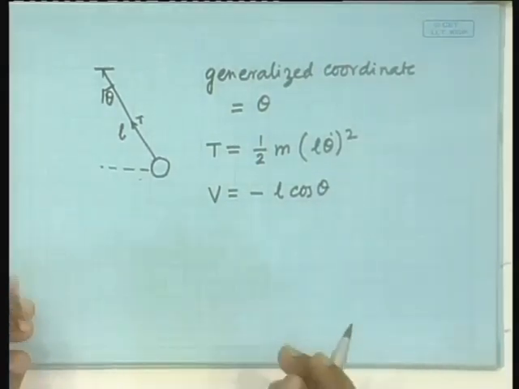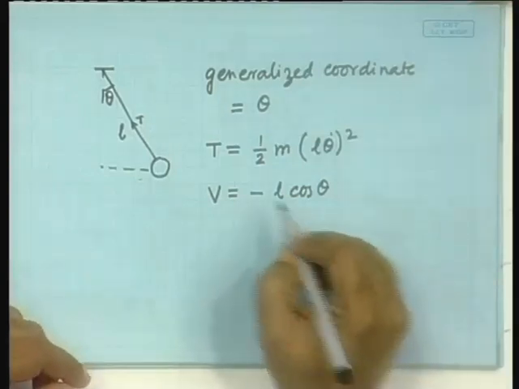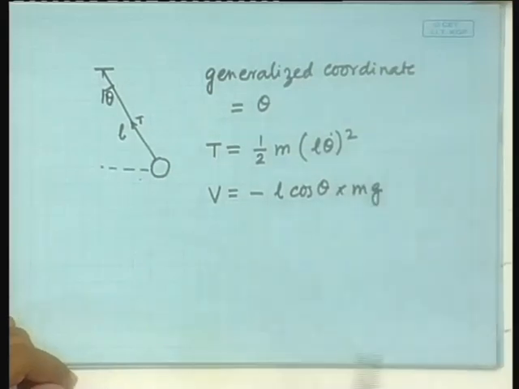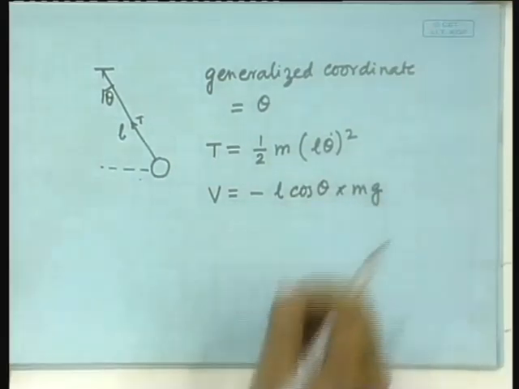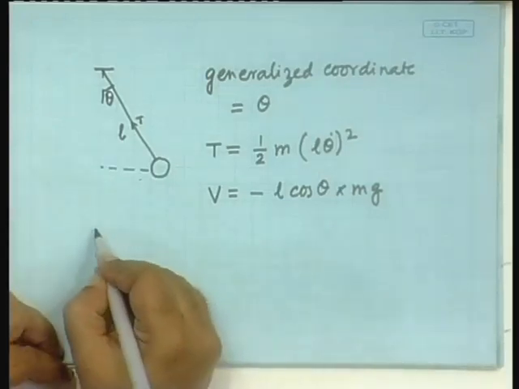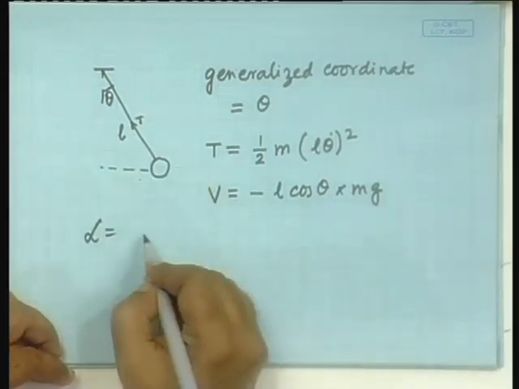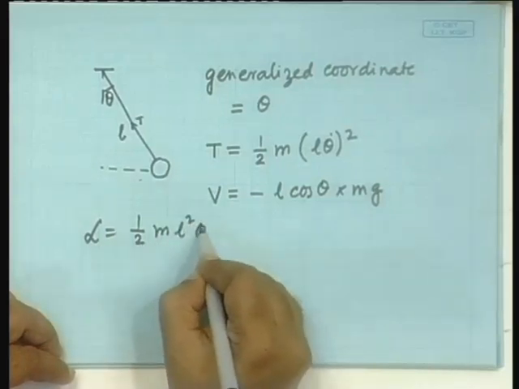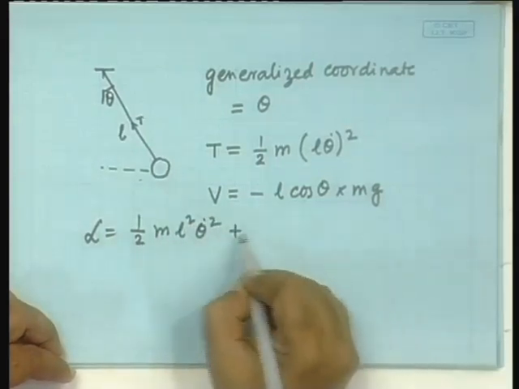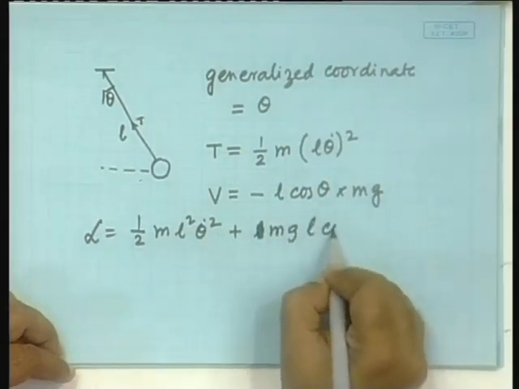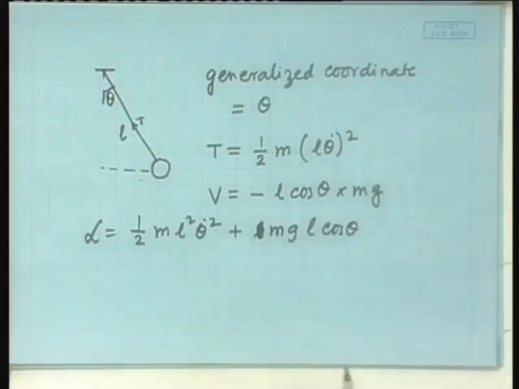Yes, L cos theta, m g has to be there. So, your Lagrangian function is T minus V, half m L square theta dot square plus m g L cos theta.